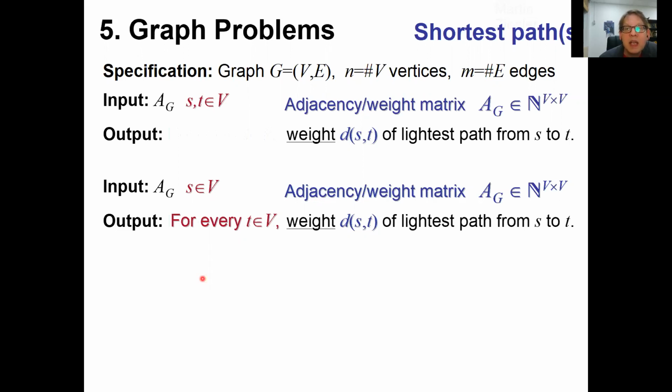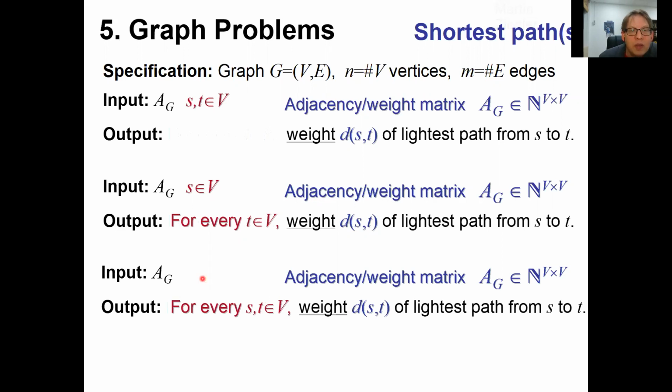And so that's n integers output. It's a subtle but important point to emphasize. And in the third variant of the problem, we have no vertices as part of the input at all. And we're asked to output the weights of the lightest path from any possible start vertex to any possible target vertex. So that's basically O of n squared integers as output, and the input is no vertex at all.